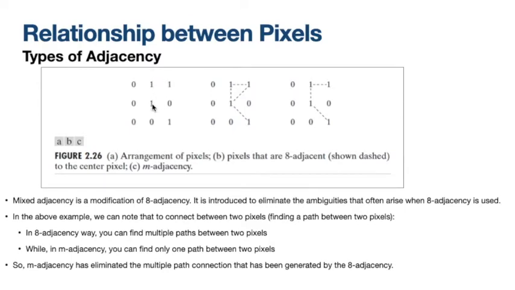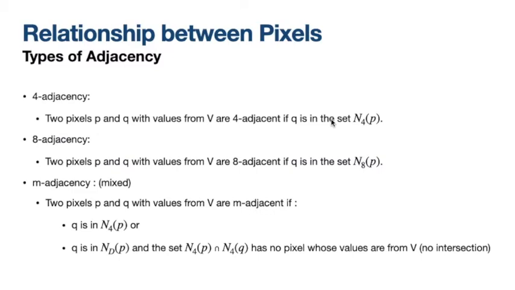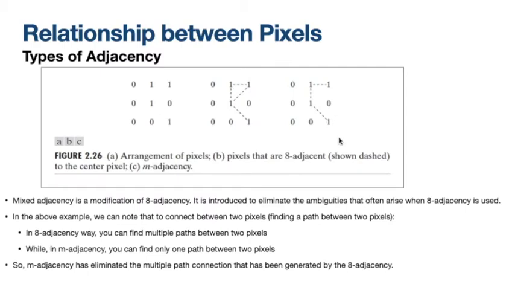But in M adjacency, you either take diagonal elements or either nd of p or n4 of p will be taken. Q is in either n4 of p or q is in nd of p, and n4 of p intersection n4 of q will be empty, that means there is no intersection between n4 of p and n4 of q.